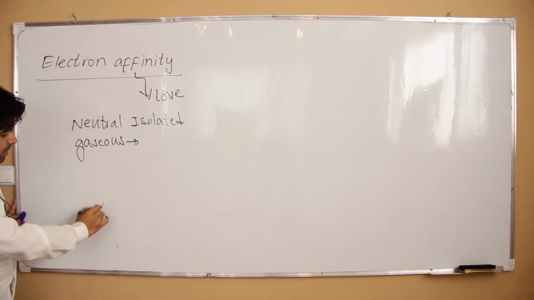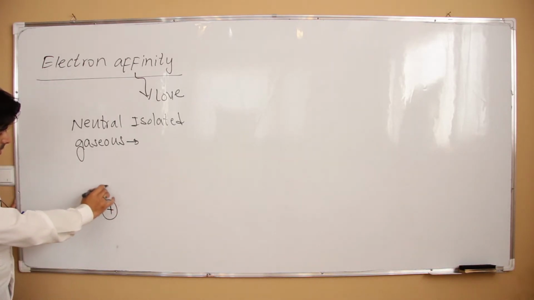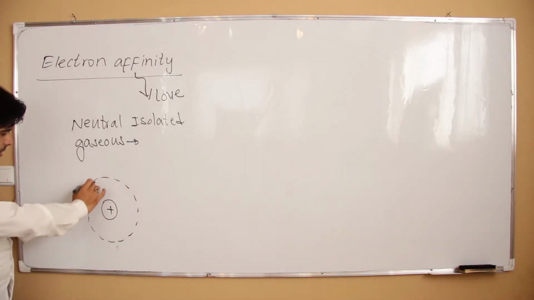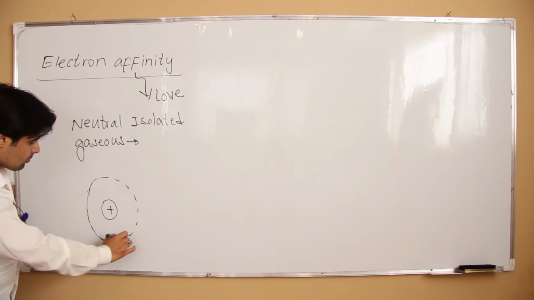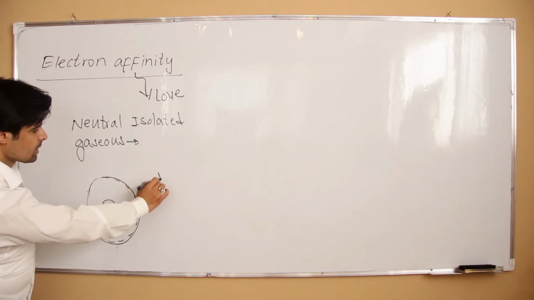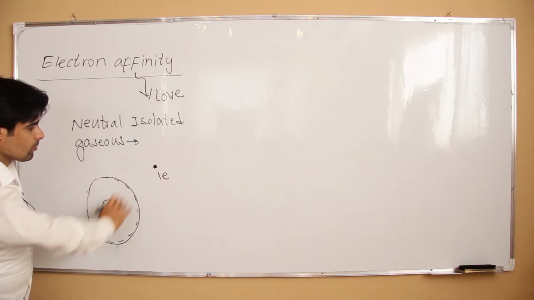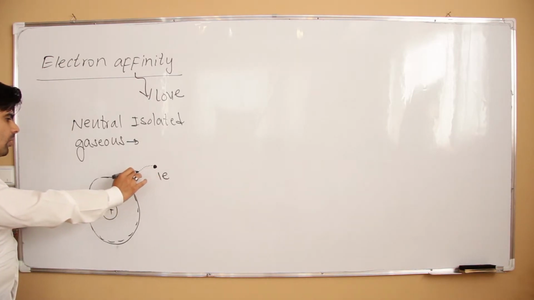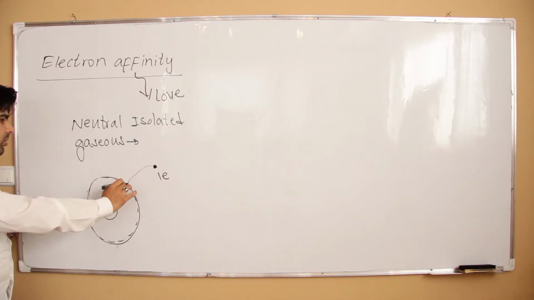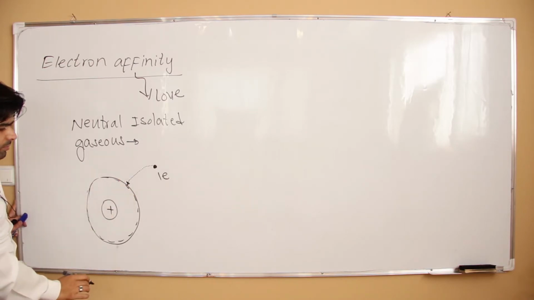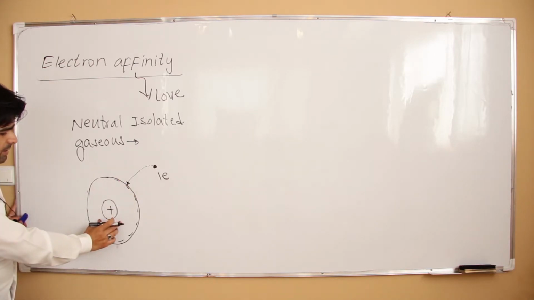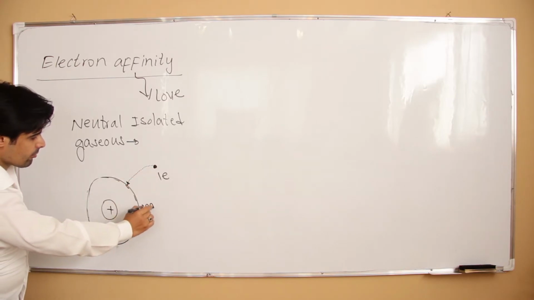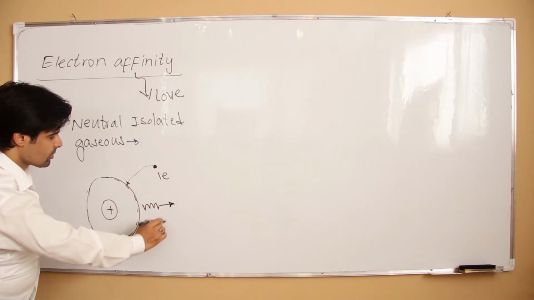What does it mean? It is the nucleus, and these are the shells. Now this is an electron. Whenever you put this electron close to the atom, this atom accepts this electron and releases an amount of energy.